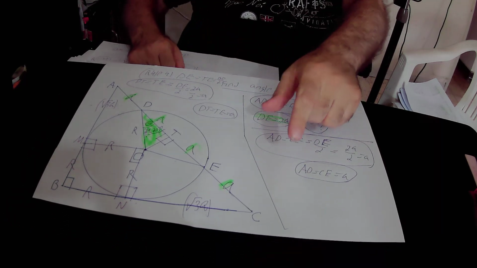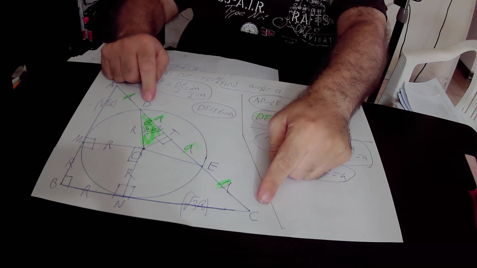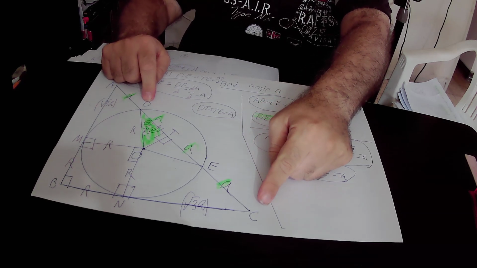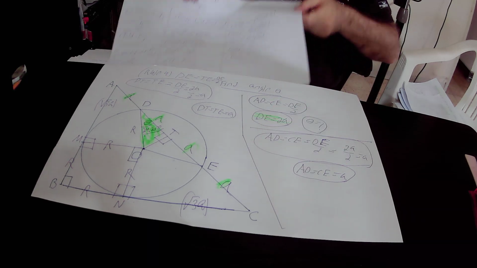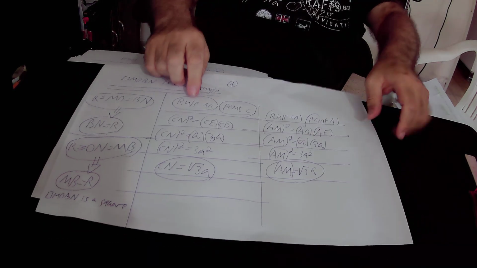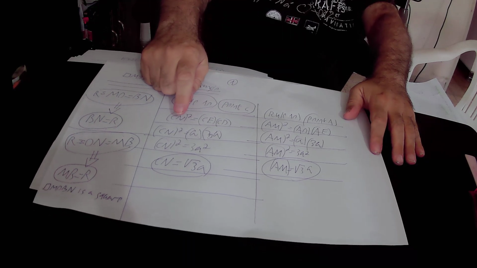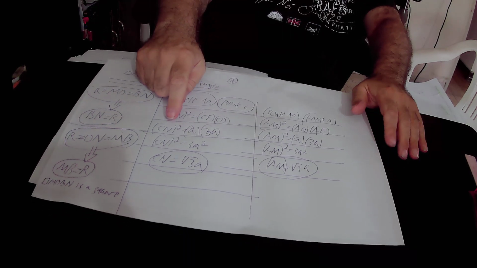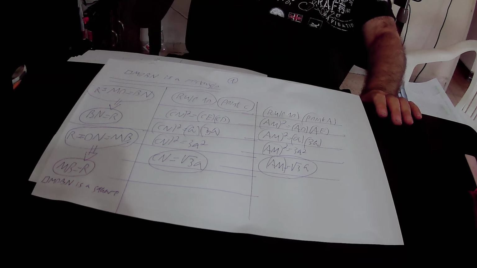CE is A, and CD is A plus A plus A, that is 3A, so we substitute CD by 3A. We found that CN squared equals A times 3A, which is 3A squared. Taking the square root, CN equals square root of 3 times A.